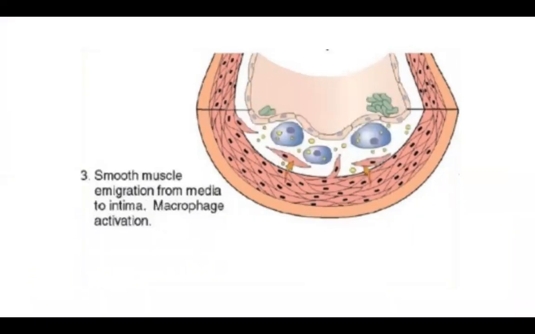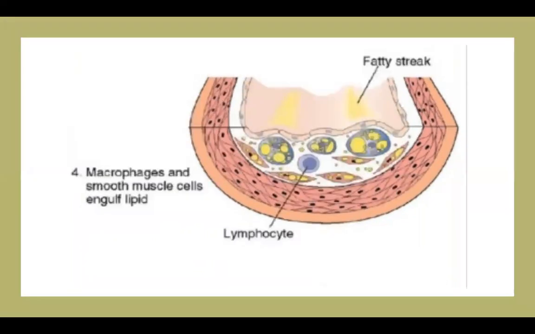The third step is that the smooth muscles start to migrate from the media into the intima, which is the layer separating the endothelium from the media, which causes macrophage activation. The macrophages and the smooth muscle cells engulf the lipids and start to form what we call foam cells, and what we call a fatty streak starts to appear.